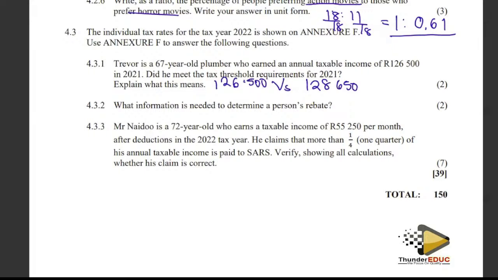So here it's asking, did he meet the threshold requirements for 2021? No. Why? His taxable income is below the threshold.